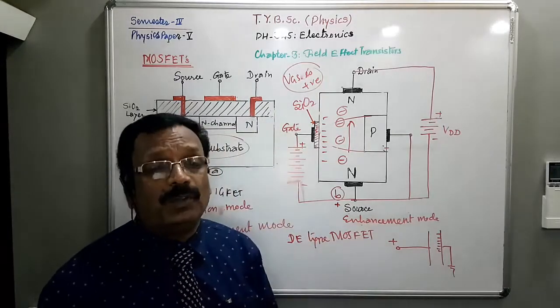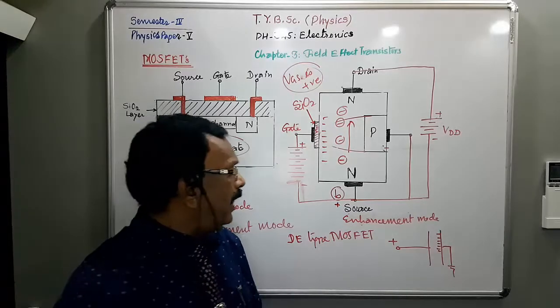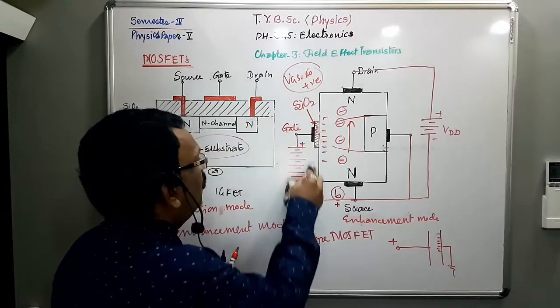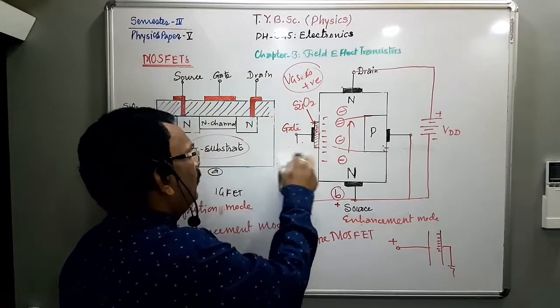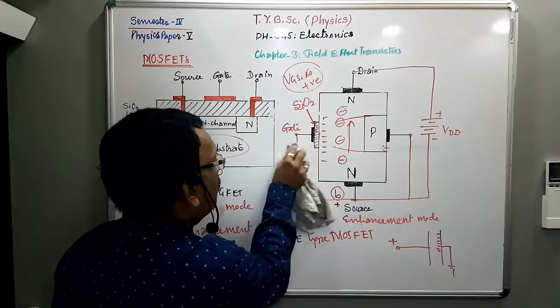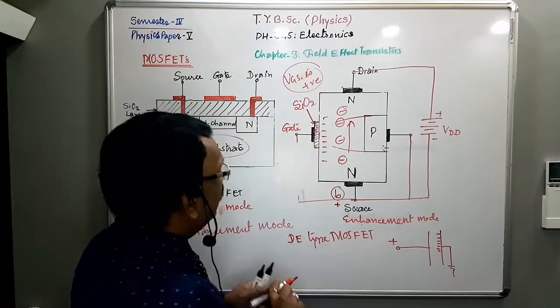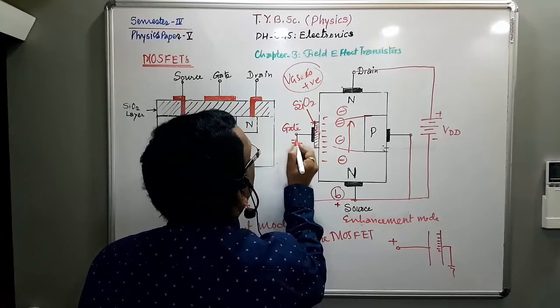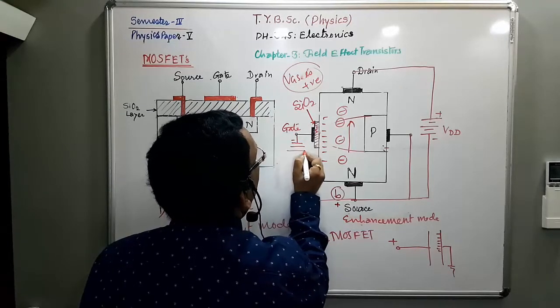Now in depletion mode we change the polarity of the battery. See here, in depletion mode, we supply a negative charge to the gate.